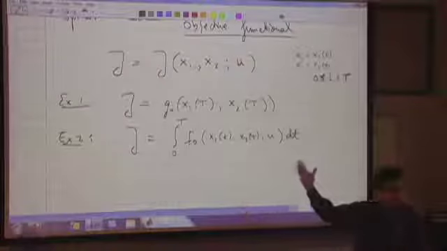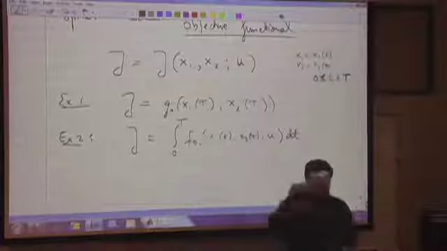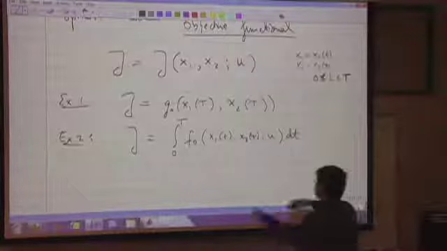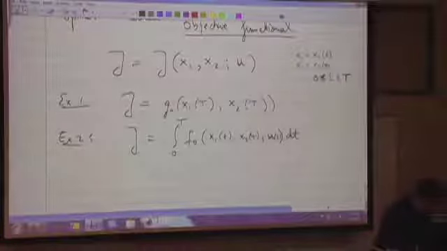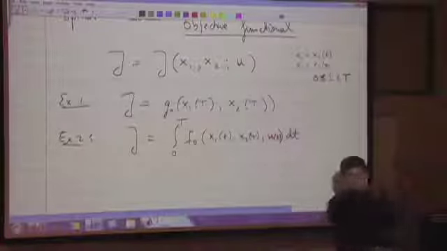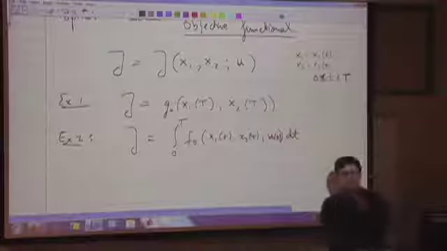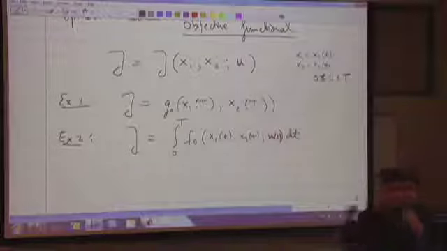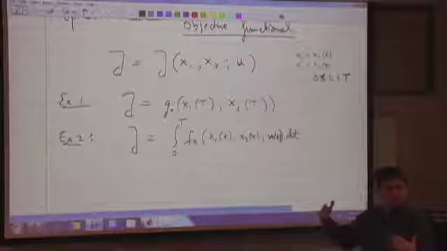This is a two-dimensional example, but that's also a possibility for an objective functional. If you like to call it a function, fine, but remember that it's a function of a function. It's a function of the state, and the state over time is a function of time, right?